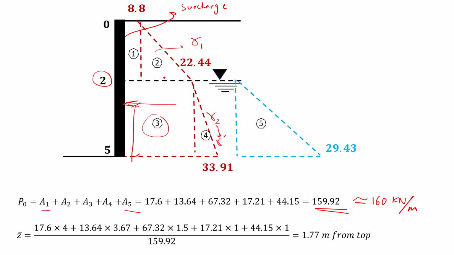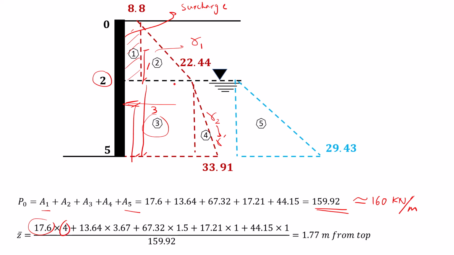So you should just take the moments of the resultant forces of each part, or actually the area of each part. So this one, which is 17.6, at the middle it would be 1 meter, and 1 meter plus 3 meters here would be 4.